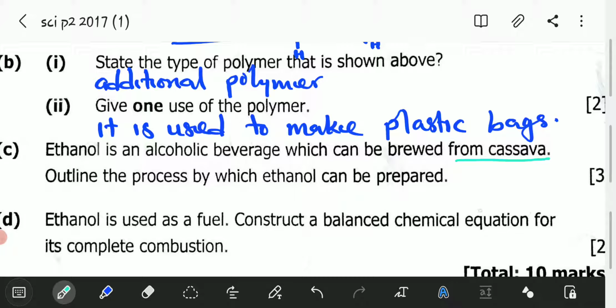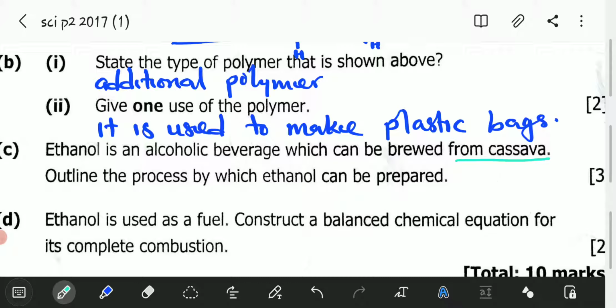The other one is fermentation, which is the breaking down of sugars to ethanol and carbon dioxide, or generally the breaking down of glucose, the basic unit of carbohydrates, to alcohol using an enzyme.